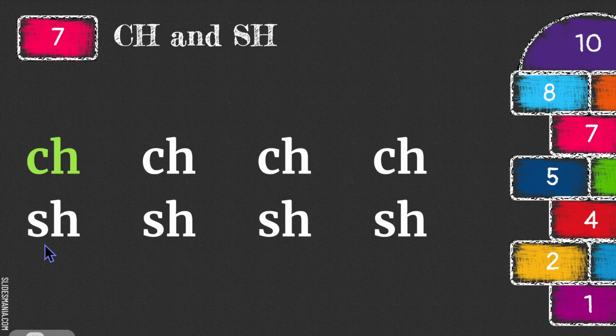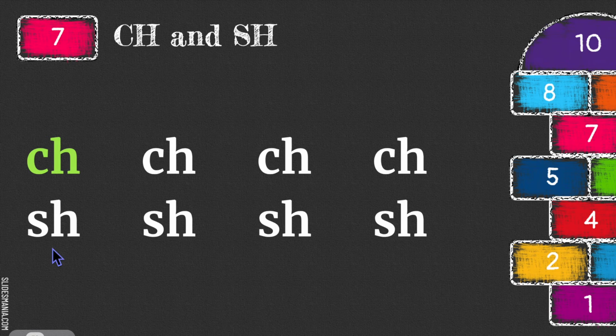The letter SH also has 1 sound. Sh. So CH can do that sound, but SH will always do that sound. These letter combinations are called digraphs. Graph is from a root that means to write things down. And the di part means there are 2. So there are 2 letters used to represent 1 sound.